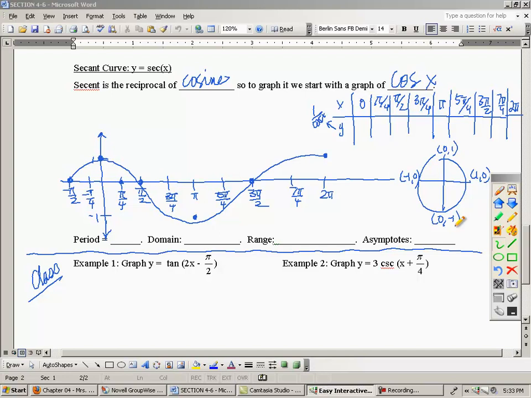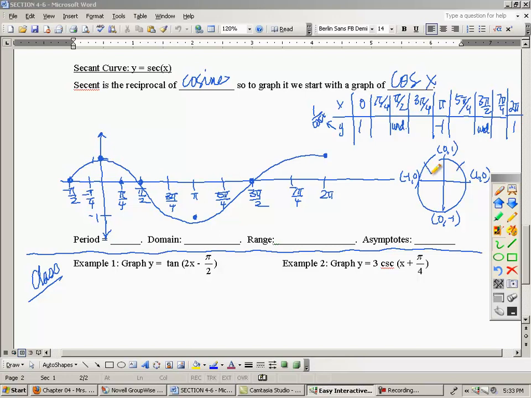So 1 divided by this cosine, 1 divided by 1 is 1. At pi, I'm going to start with the pi over 2's and then work my way around. The 1 divided by 0 at pi over 2 is undefined. At pi, 1 divided by -1 is -1. At 3 pi over 2, 1 divided by 0 is undefined. And at 2 pi, again, 1 divided by 1 is 1.